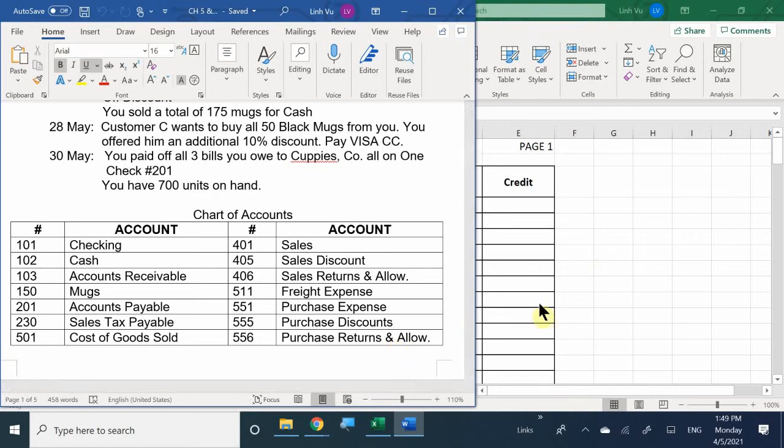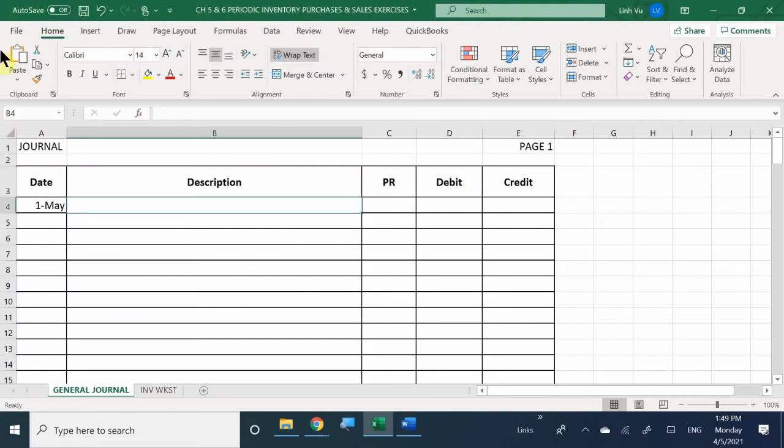I don't have the top on my screen, so I'm not sure what else. Let's see. We're taking a discount later. Yes. So let's see. Freight expense, 511. Perfect. So we're going to recognize purchase expense first. I'm going to do everything.